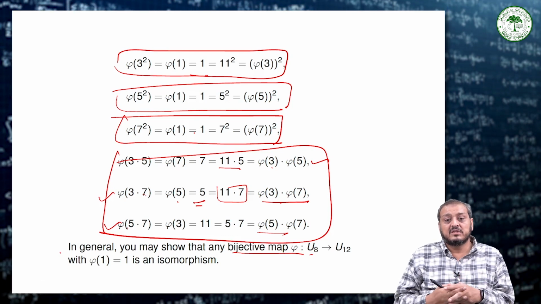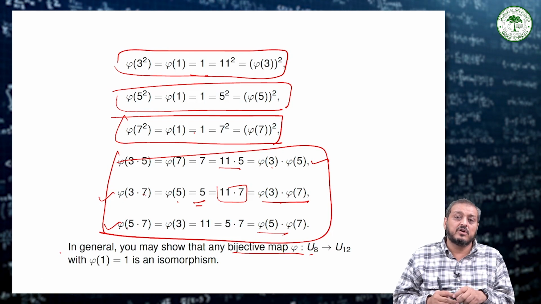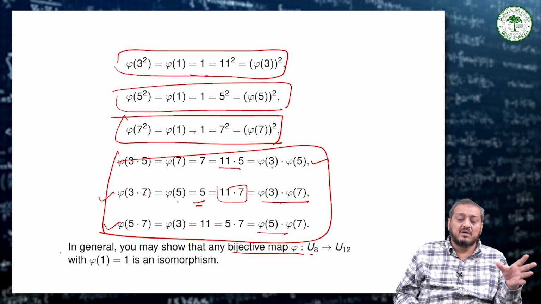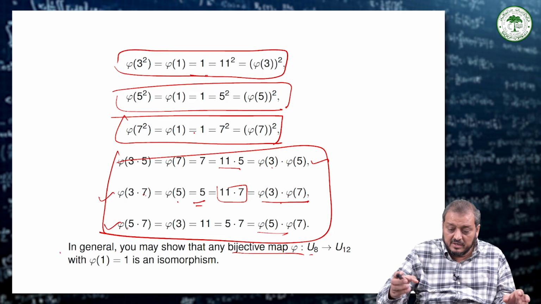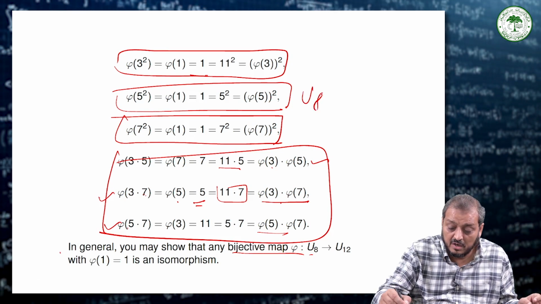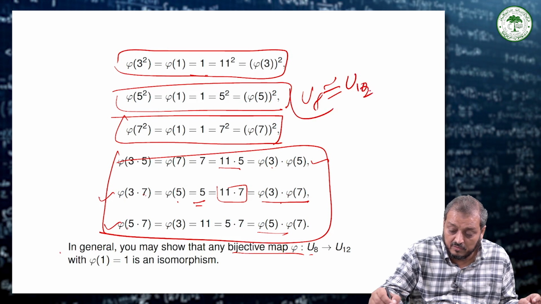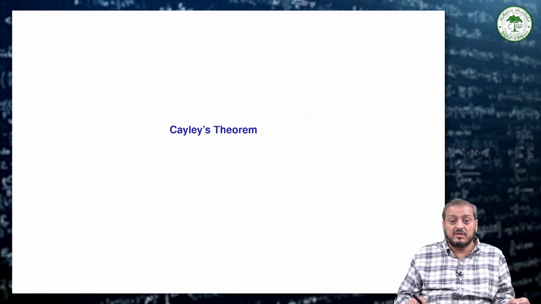So this satisfies the conditions of an isomorphism. Therefore U8 and U12 are clearly isomorphic to each other.